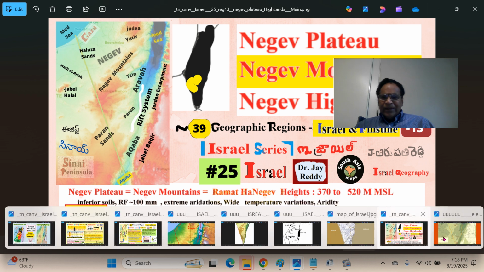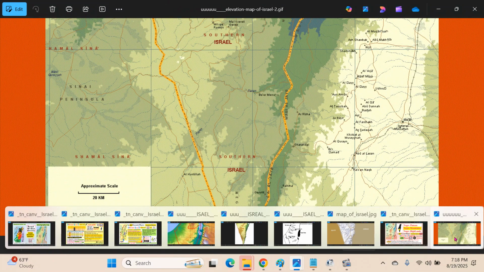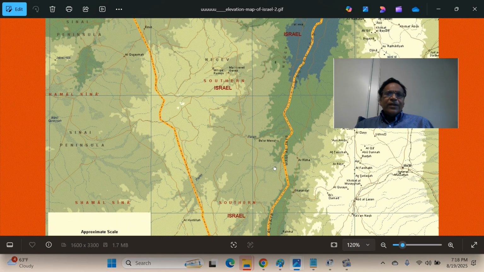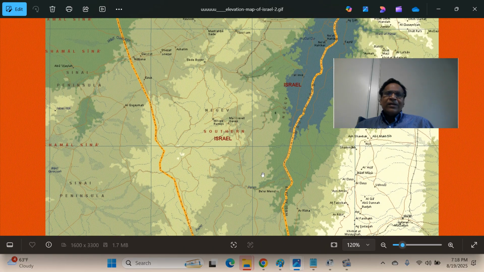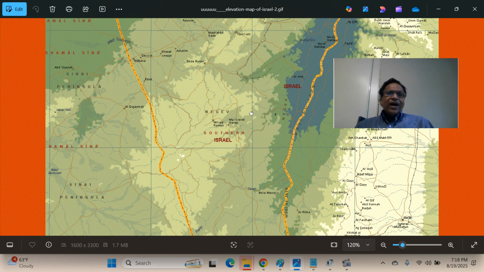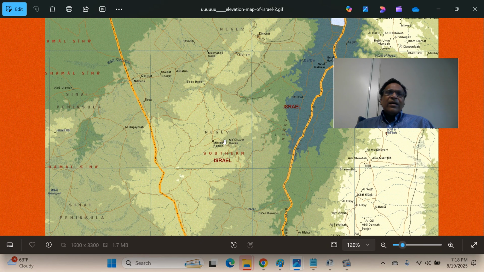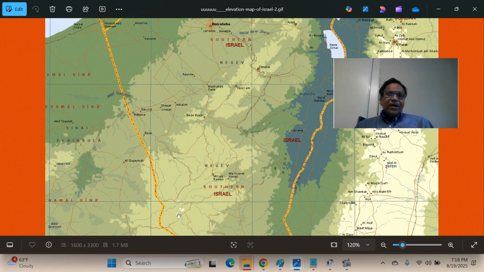And we can see that, this is the basin area, the Paran Basin and Zin Basin, all these Arava Basin and Dead Sea. You can see this side, the endorheic basin drains there. On the other side you can see the plateau region, the mountain region.